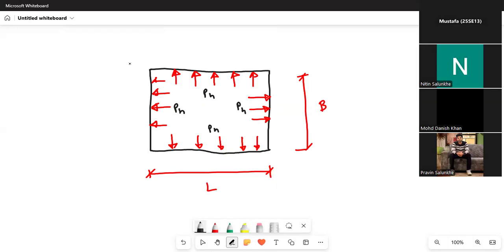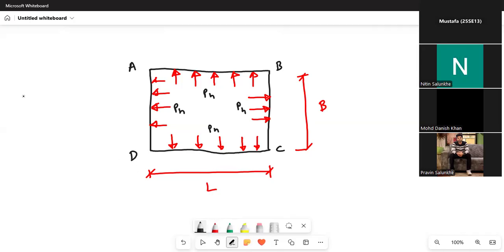I will name the corners A, B, C, D. Because of the lateral pressure, bending moment will be developed in the wall. So we have to calculate the bending moment, and also direct tension will be developed in the wall, like how you have designed the water tank. By the same principle, a rectangular bunker has to be designed.